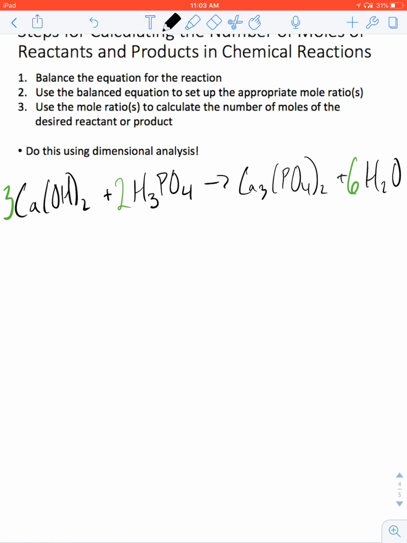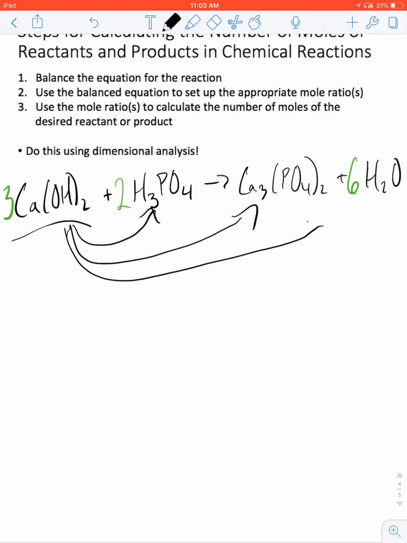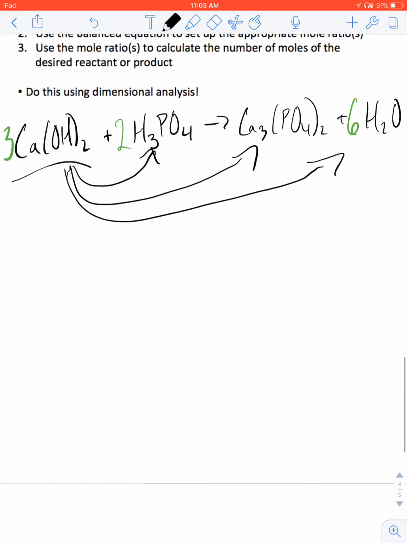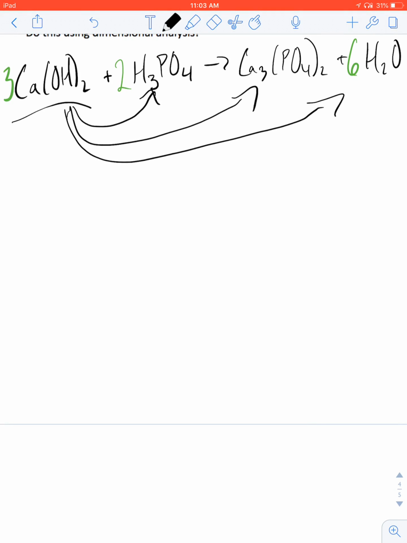Again, in order to do that, we're going to start with the leftmost component, calcium hydroxide, and make a relationship between everything to the right, like so. Without going into too much detail again, just remembering that to make the mole ratios, we look at the coefficients for each component.